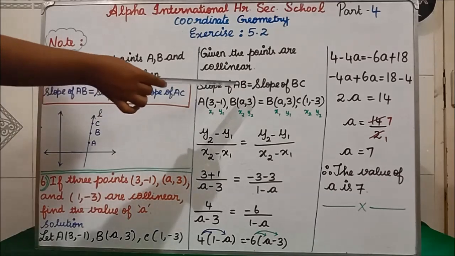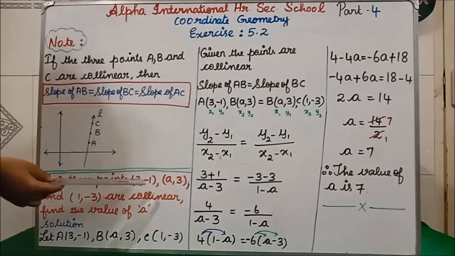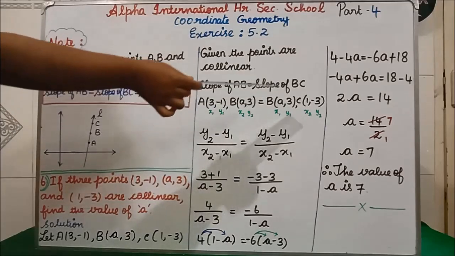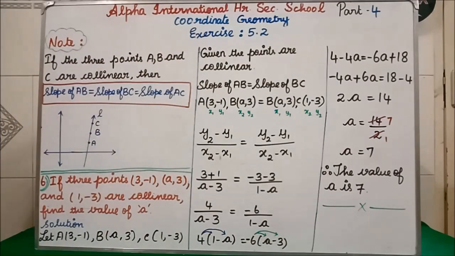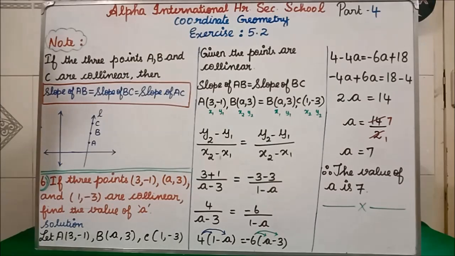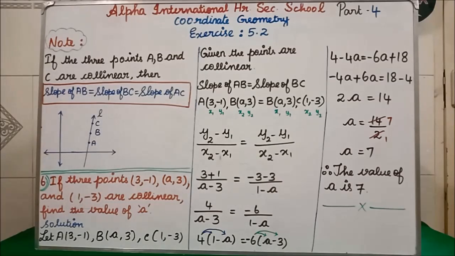Now slope of AB equal to slope of BC. A value is what they have given in the question, (3, -1). B is (a, 3), and C value is (1, -3). Now for slope of AB, we have to use the two-point slope formula. What formula have we used so far? y2 minus y1 divided by x2 minus x1.